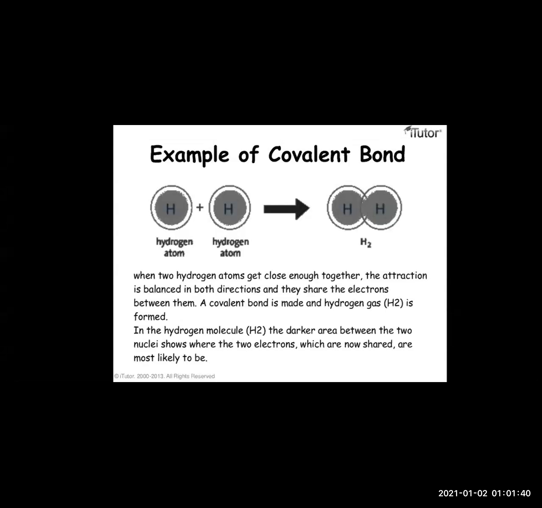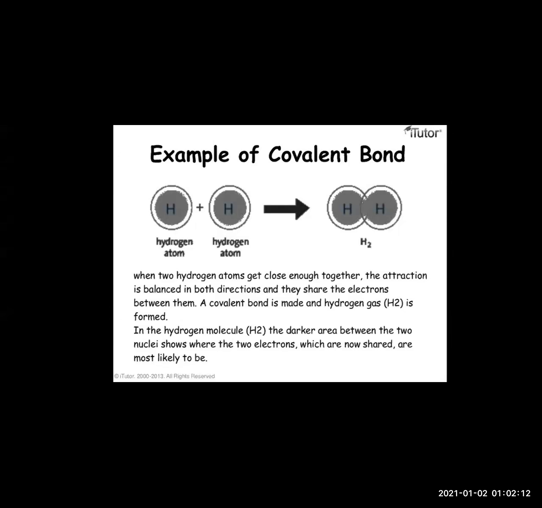When two hydrogen atoms react with each other and share the electrons by mutual sharing, that time there is a formation of a covalent bond between the two atoms. And what is formed? Hydrogen gas is formed after the formation of the covalent bond. Now this hydrogen molecule is the darker area between the two nuclei.